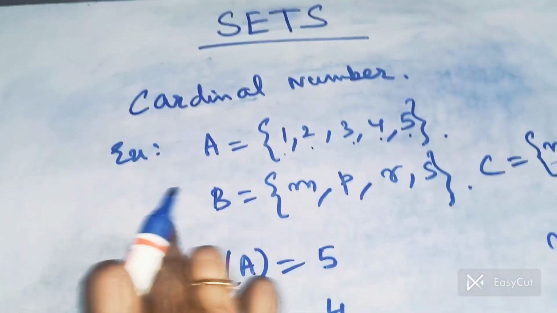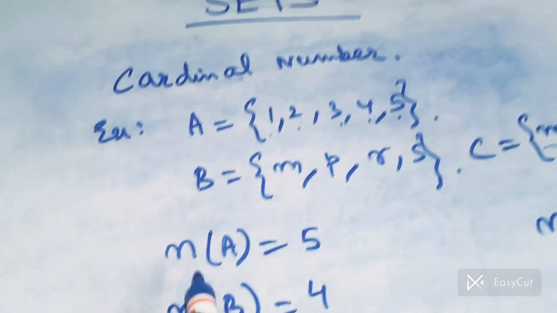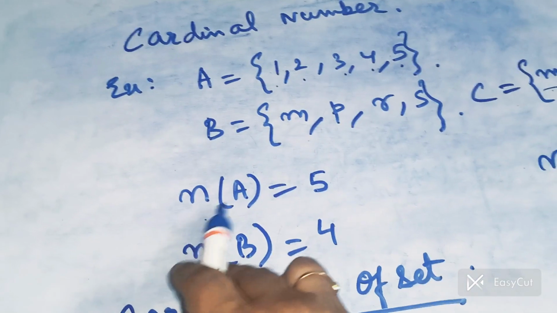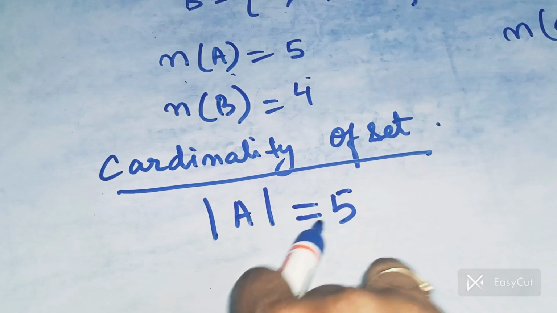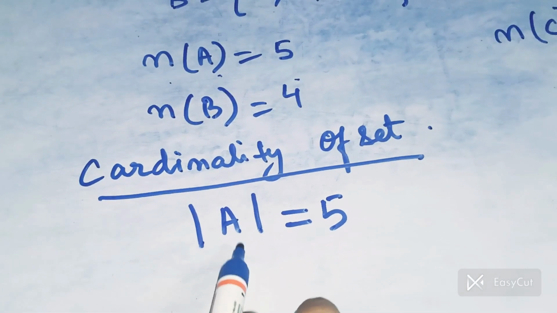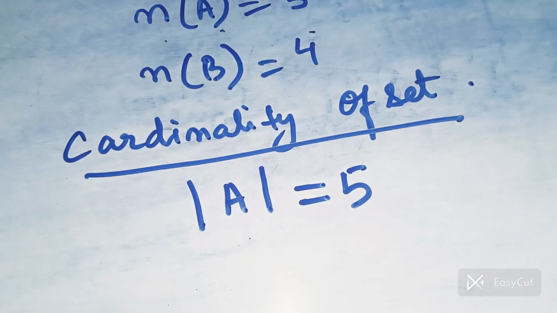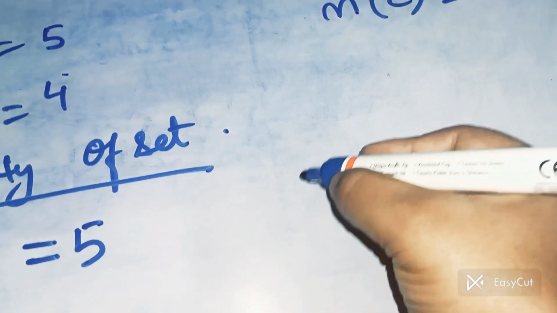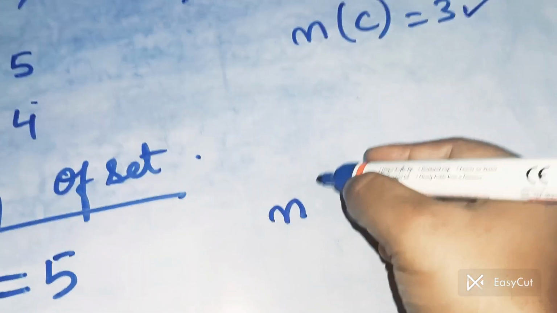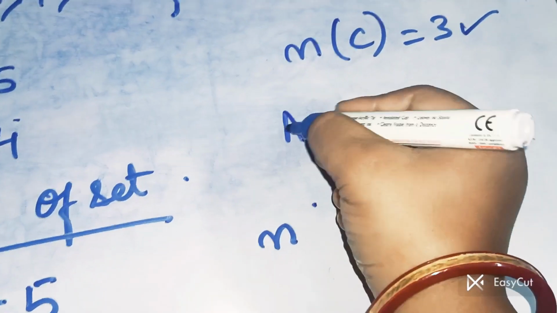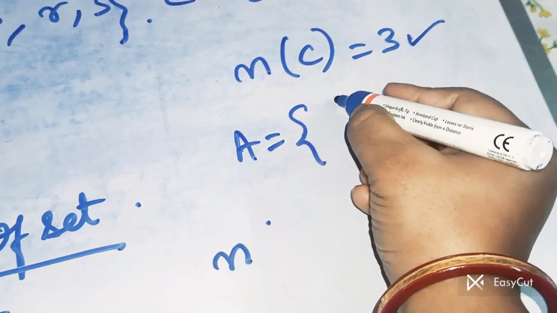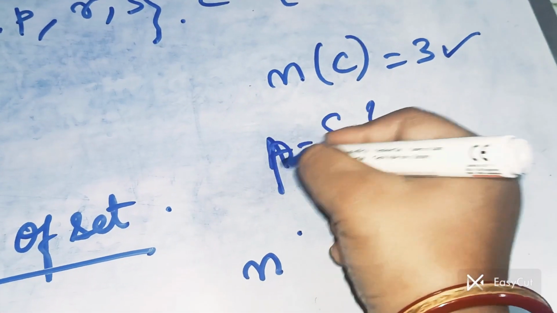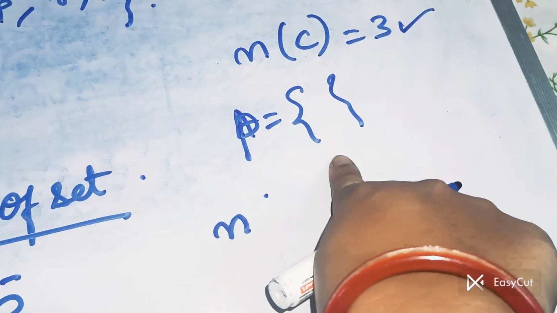It's almost same. When we write cardinal number of a set, we represent it in this way: N of A equals 5. And when we write cardinality of a set, we write it like this: bar A bar equals 5. It is denoted like this. So cardinality of an empty set: suppose a set P equals empty set.